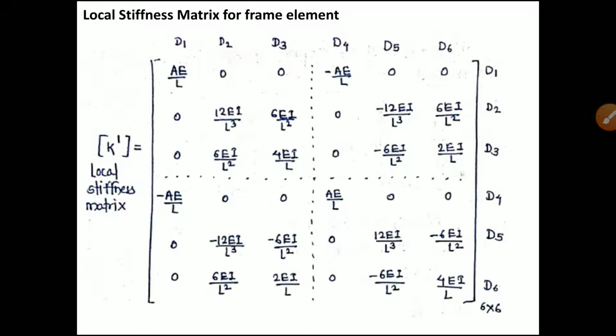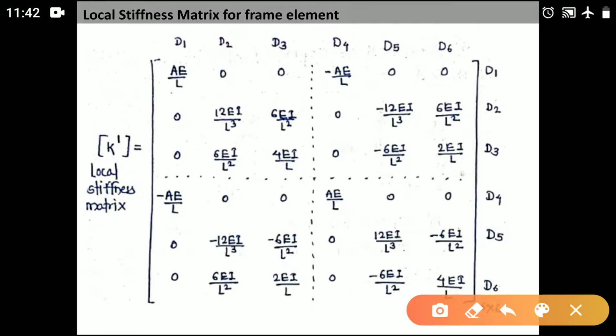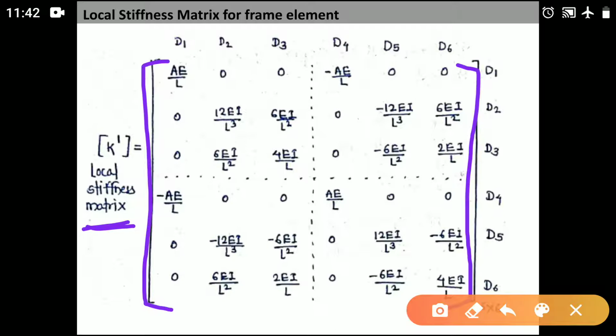K dash is equal to, so firstly you have to draw the symbol of a matrix this way and write down. Now we know the size of the stiffness matrix, total degrees of freedom are 6. So this local stiffness matrix will have order 6 by 6.